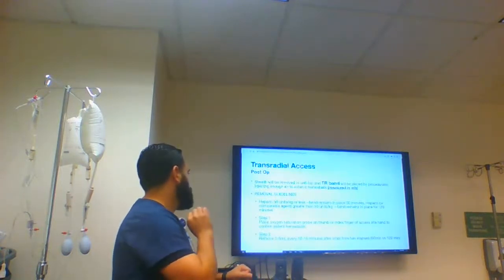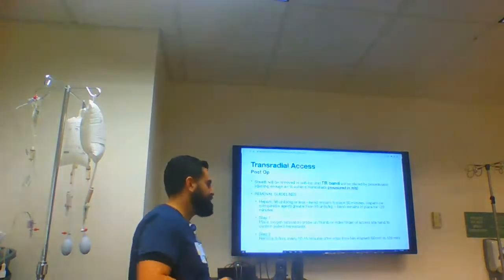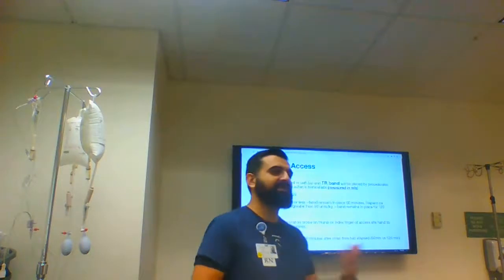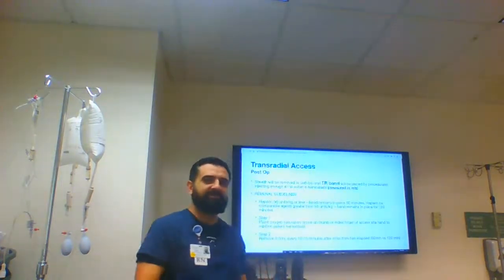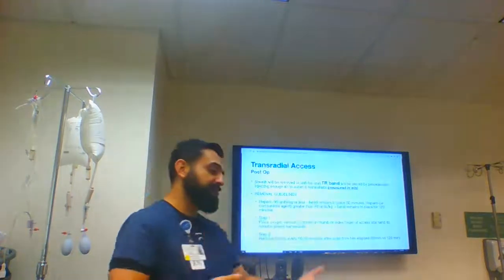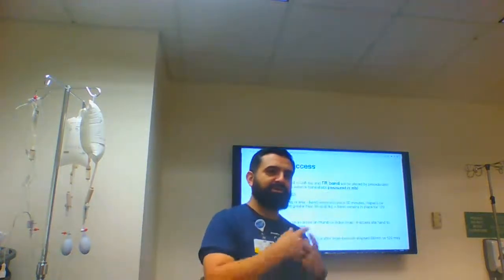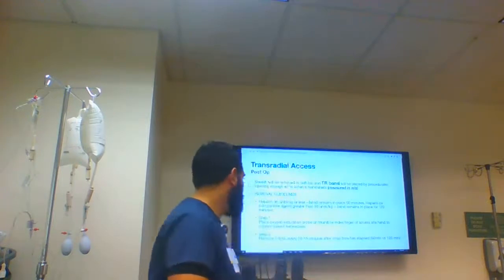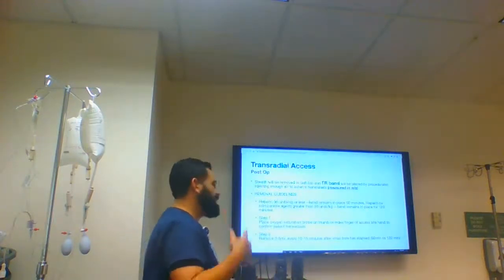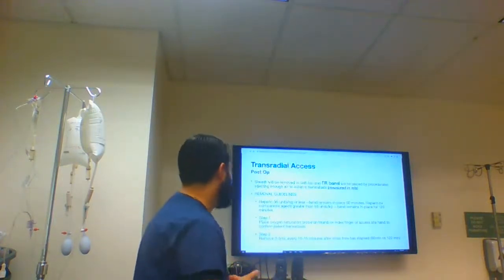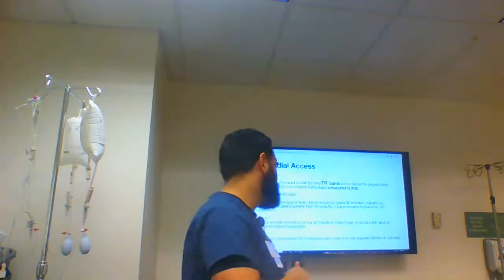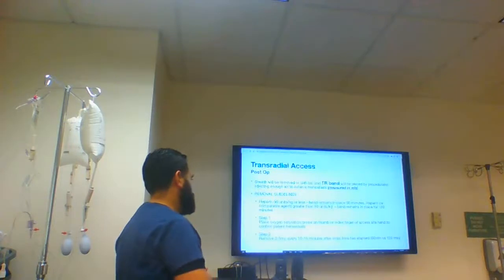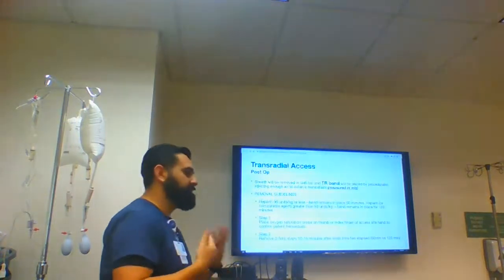So in a nutshell, what the TR band guy is going to tell you: if it's a diagnostic cath, it's an hour. If it's a PCI cath, it's going to be 2 hours. Then at the 2 hour mark is when you start removing your air. Step 1, whenever your patient comes back from the cath lab, you put your O2 probe, your oxygen saturation probe, on that hand to confirm the patent hemostasis.